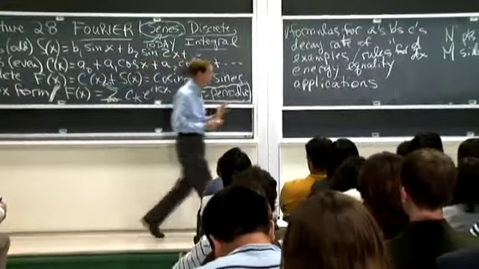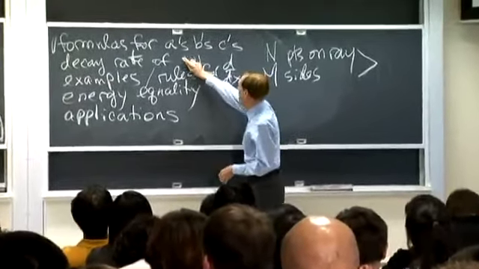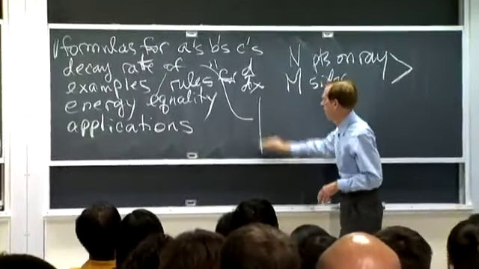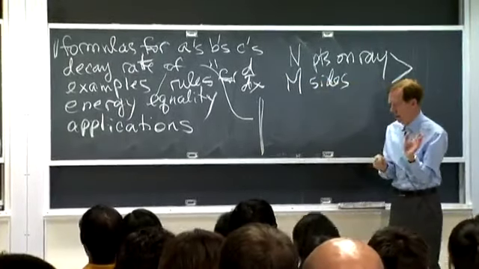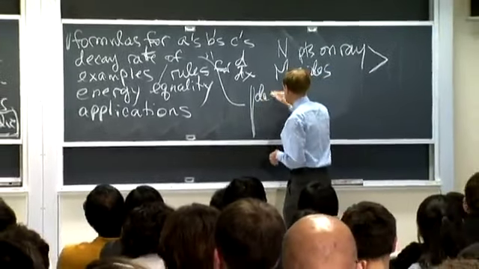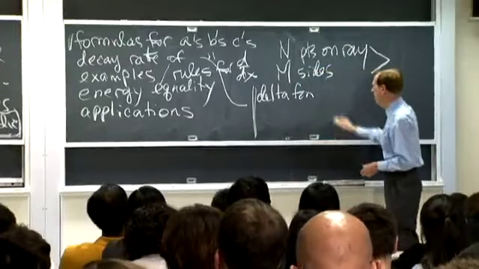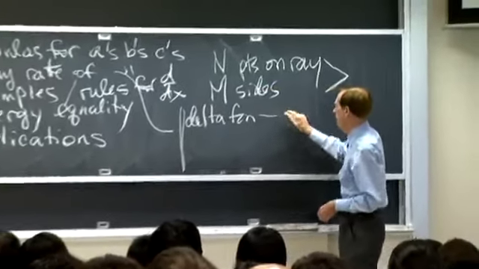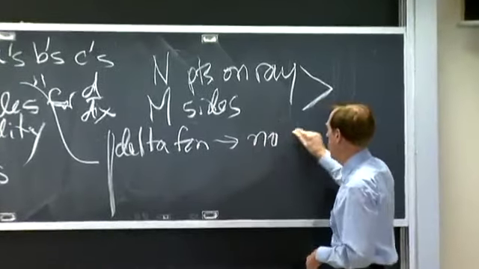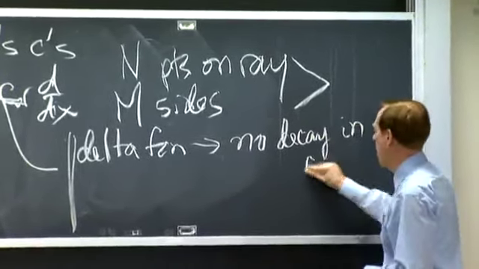Oh, I can tell you even at the start here. Okay, so I just want to emphasize this point. We'll see it over and over, that for a delta function, which is not smooth at all, we'll see no decay at all in the coefficients. They're constant.